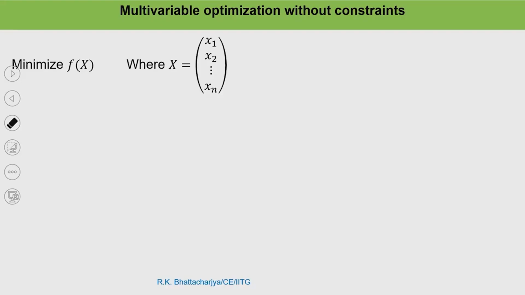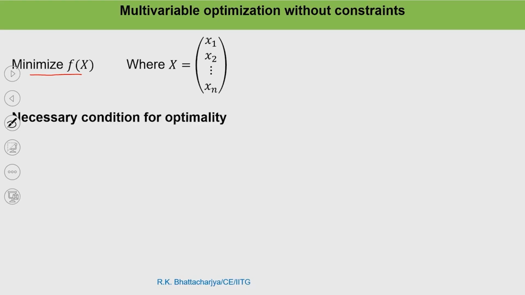Let us define a multivariable function, that means I would like to find the minimum of this particular function f of x, where x equal to x 1, x 2, x 3, and so on. So, it has n variables.